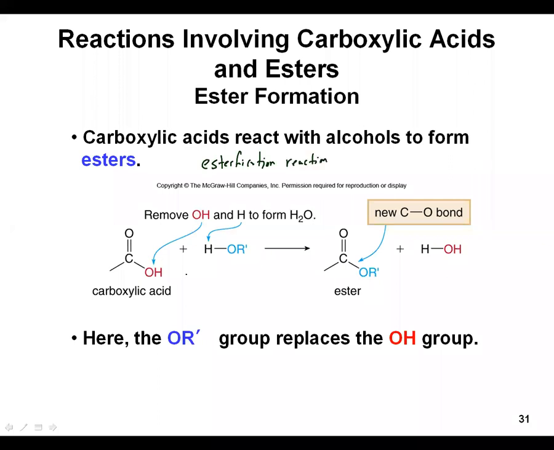The basic thing that happens is the OH from the carboxylic acid and the H from the alcohol will come together to make water, which is over here. And then what is left, you just squish the two parts together. Whatever's left after you take the water out, squish it together, and you will get an ester.